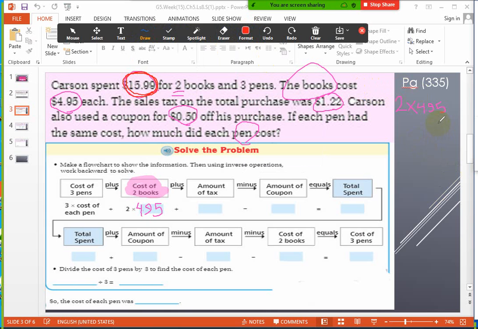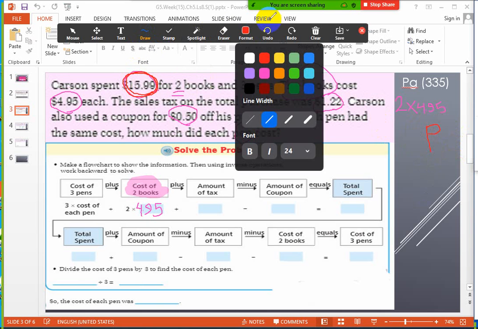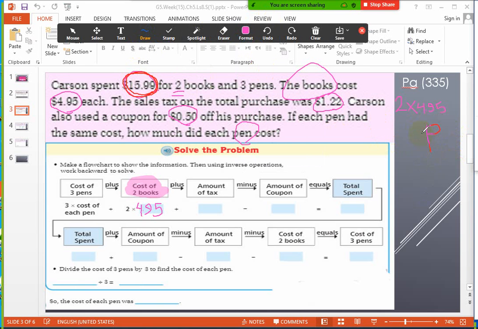I can call it B, to mention that this is the cost for the pen, and the cost for the pen must be multiplied by the number of pens. How many pens do I have? I have 3 pens. He bought 3 pens.